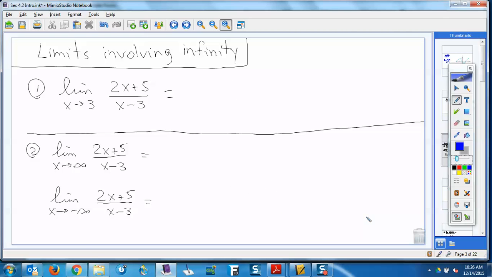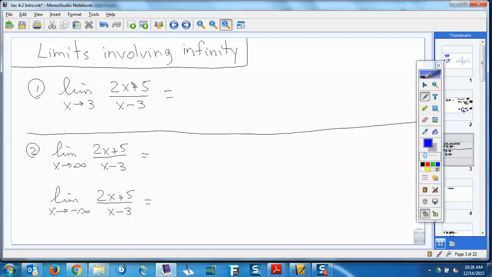All right, let's look at a few examples here. Okay? So we got 2 scenarios with limits that involve infinity. So we'll take a look at this first one here. Limit as x approaches 3 of this function right here. So again, this is all going to be no calculator. Okay? So the first thing we do is what? Plug in a 3.